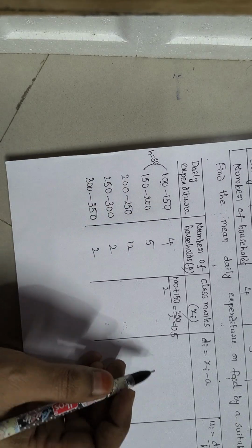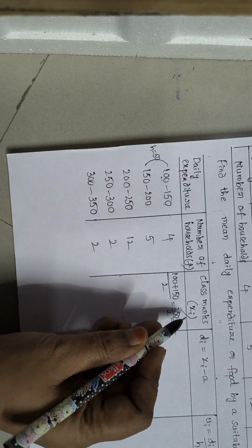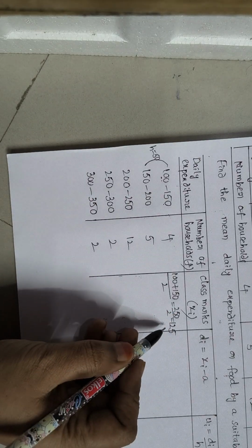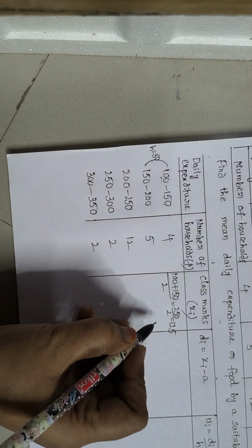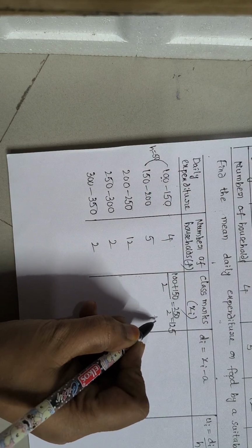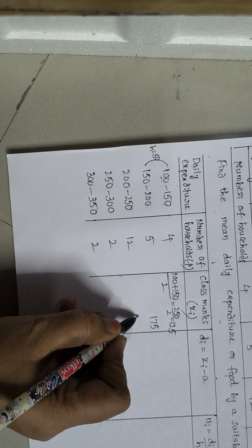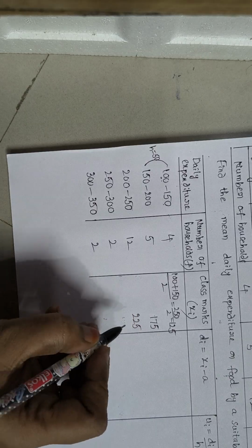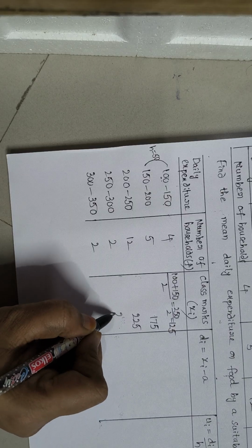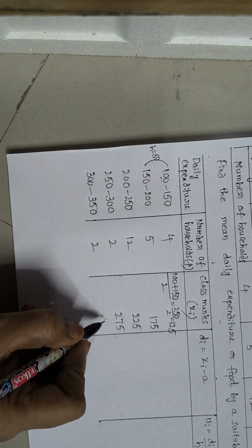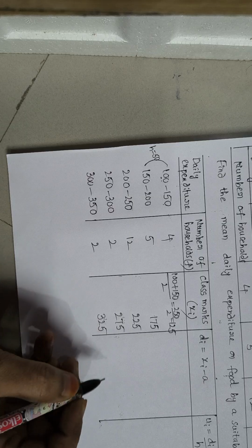So here we can add 50 to find the class marks. 125 plus 50, 175, and 175 plus 50, 225, 225 plus 50, 275, and finally this is 325.